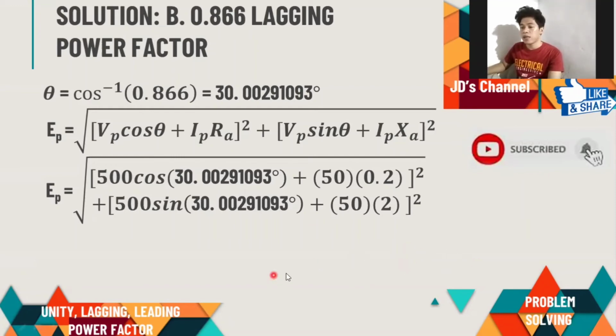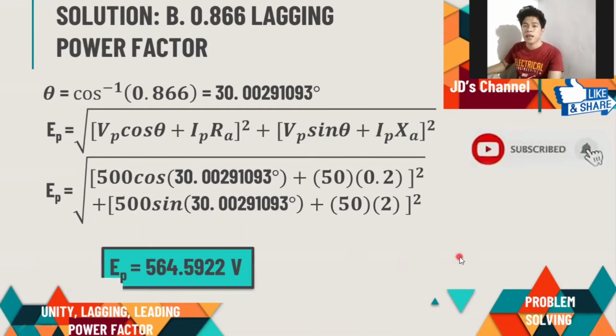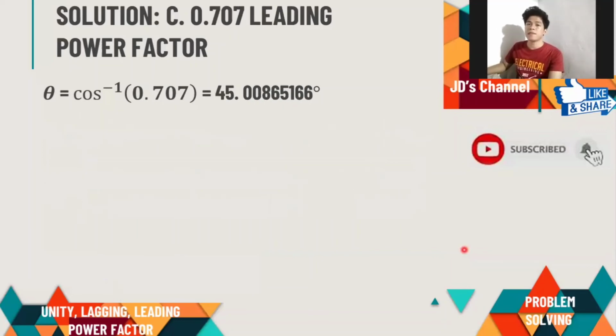And I hope na parehas tayo ng sagot. Ito po yung sagot natin: the E phase at 0.866 lagging power factor is 564.5922 volts. Okay? So that is for letter B. Kindly check, and we go now to letter C.